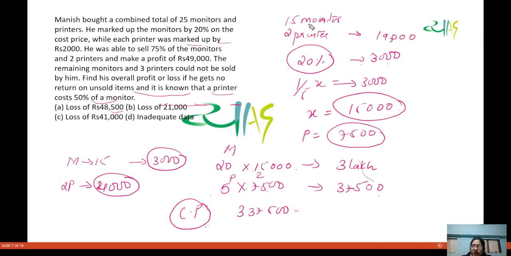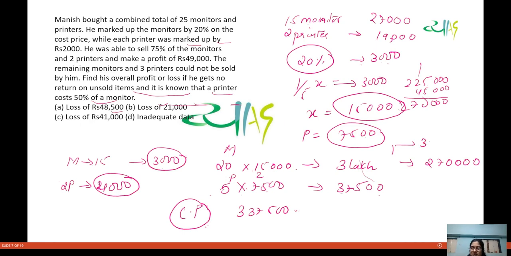And for 15 monitors, 2,25,000 plus 45,000, so this comes to 2,70,000 rupees. We are getting back 2,70,000 rupees from monitors.